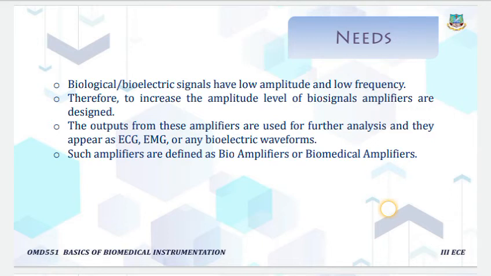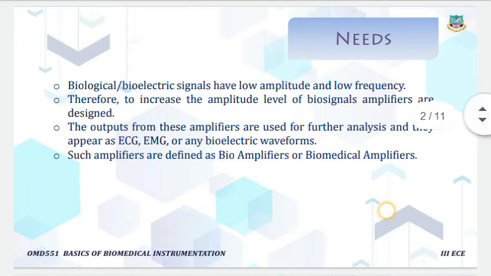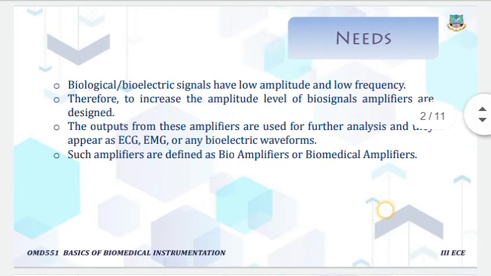The output from the amplifiers is used for further analysis, and appears as ECG, EMG or any other bioelectric waveform. These types of amplifiers are defined as bio amplifiers or biomedical amplifiers.